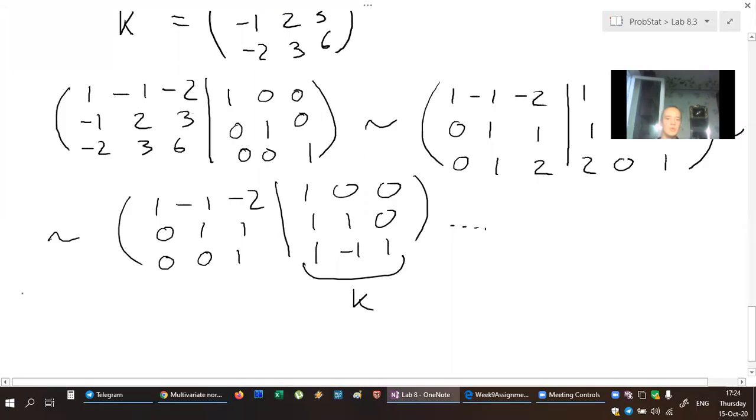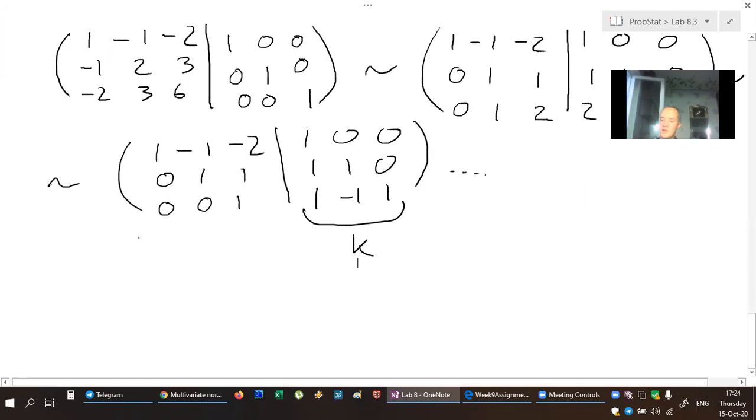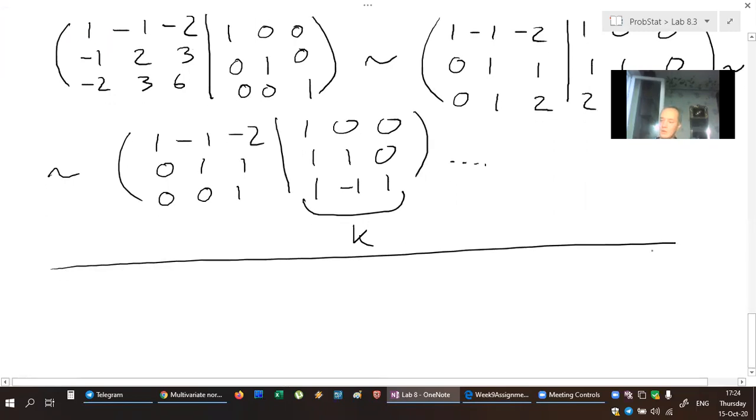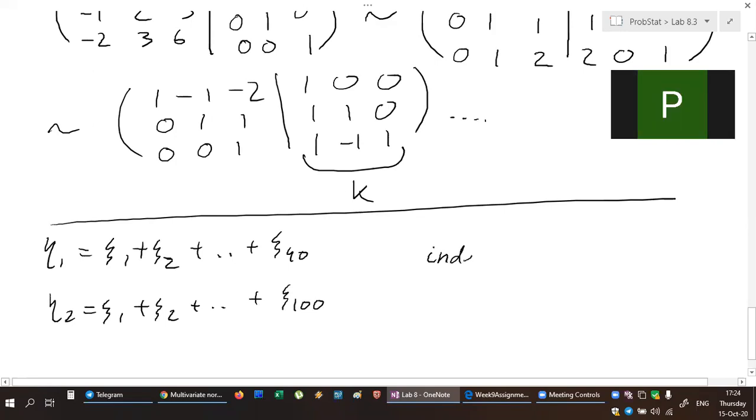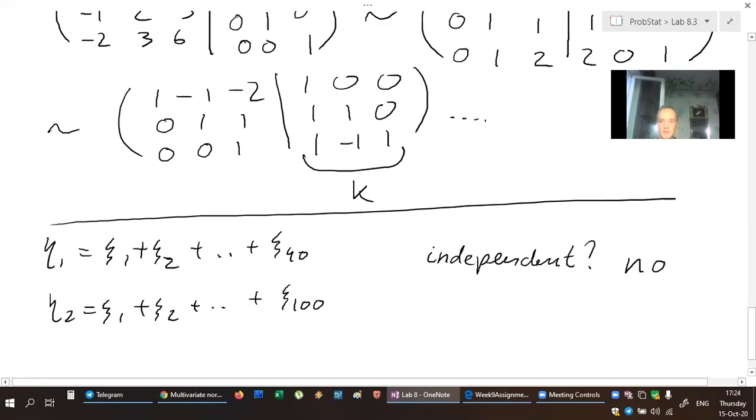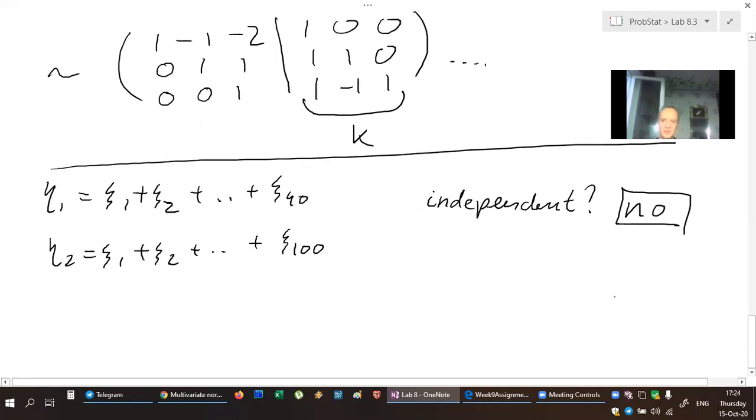So my first question to you: are these random variables independent? We have eta1, xi1 plus xi2 plus and so on plus xi40, and eta2 up to 100. They are dependent. Is it clear for everyone that they are not independent? Not exactly.